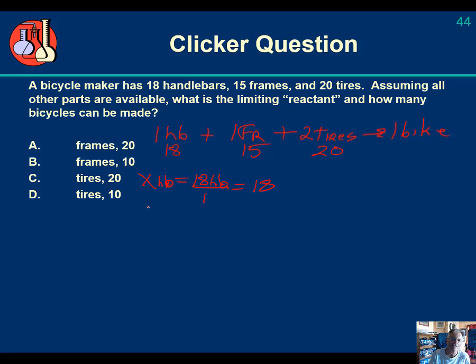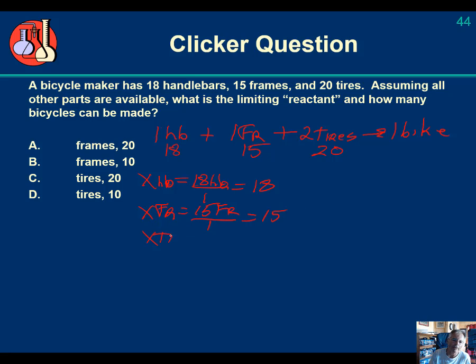I'm going to do the same thing for frames. X frames. I'm going to go ahead and put my 15 frames over here. I'm going to divide by its coefficient, which is 1, which gives me 15. And then I'm going to do the same thing for tires.